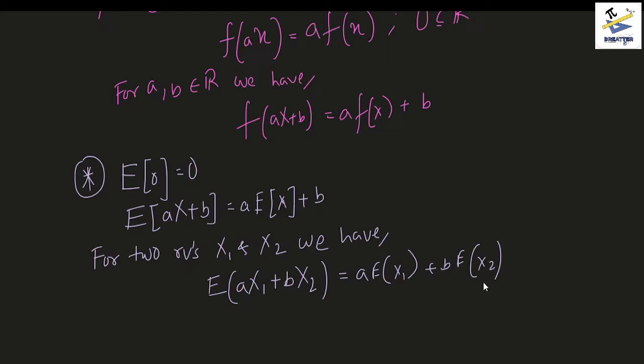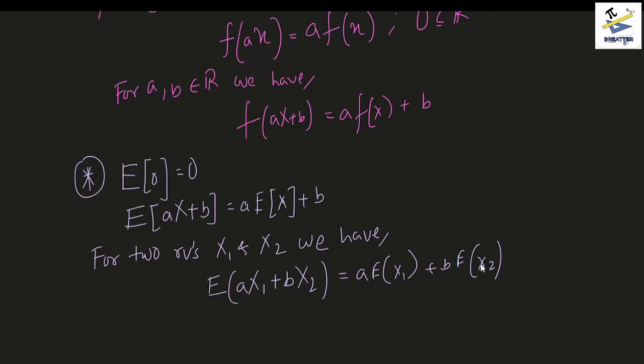So this is how expectations work in general. They are linear and they can be distributed. Even if you have a combination of 2 or 3 RVs, it works irrespective of whether the random variables are independent or not.